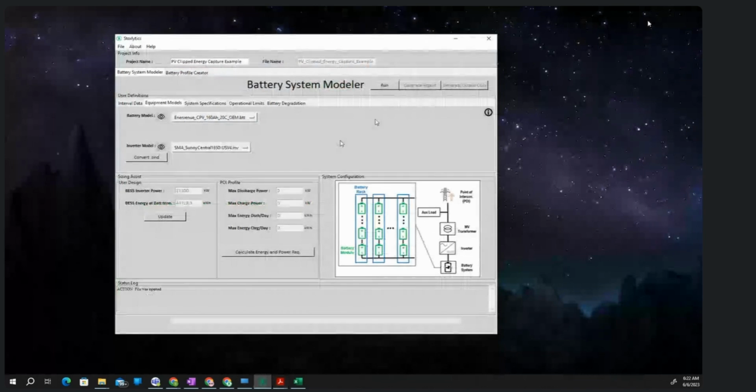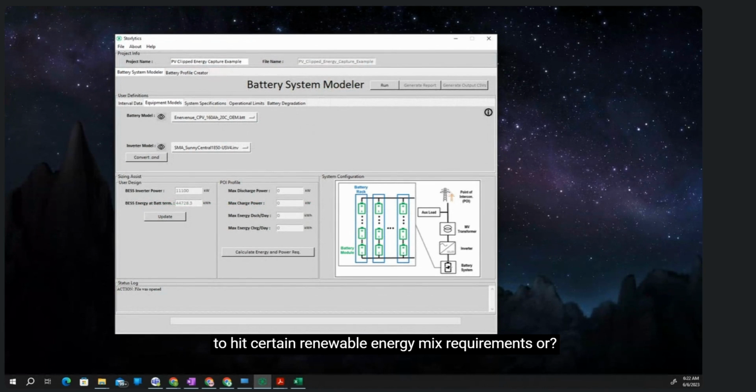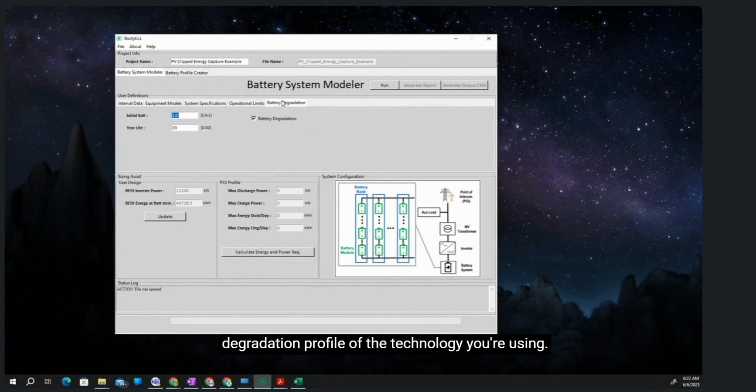Does this allow for augmentation of the batteries to hit certain renewable energy mix requirements or things like that? Yeah, exactly. Once you run a simulation, you can deduce the degradation profile of the technology you're using. And from there, if you're targeting an augmentation strategy, you can design it accordingly based on how much degradation you're getting.